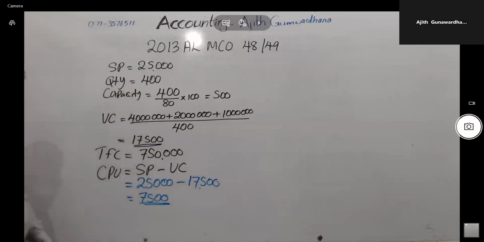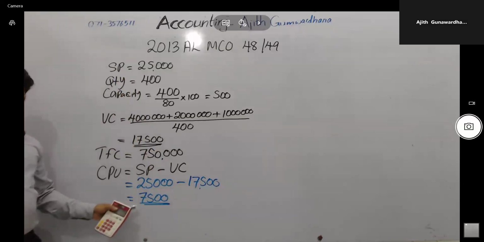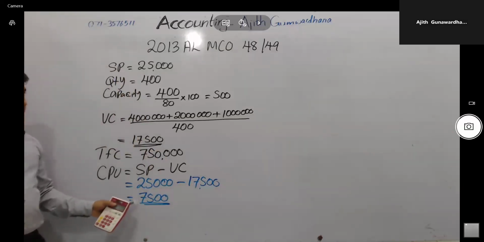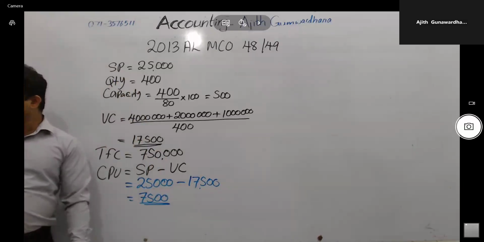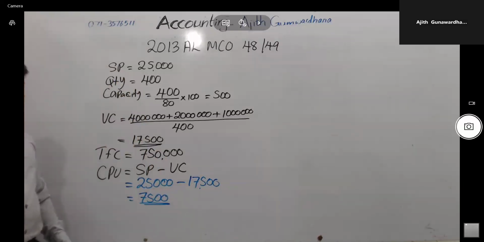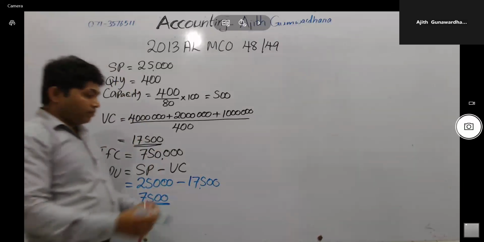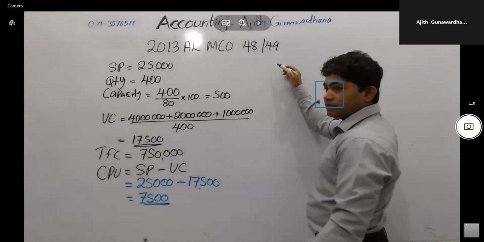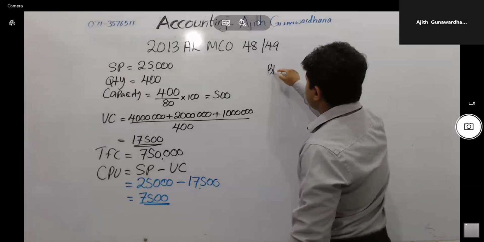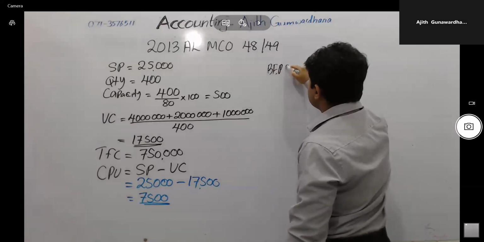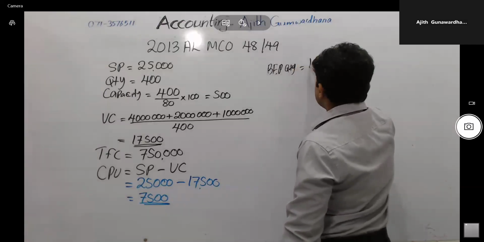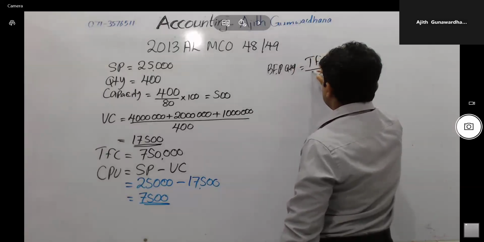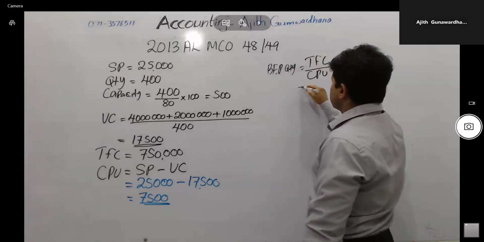In question number 48, part A asks for the break-even point quantity, and part B the margin of safety rupee value. Break-even point quantity equals total fixed cost divided by contribution per unit.